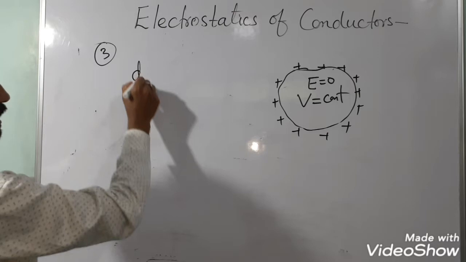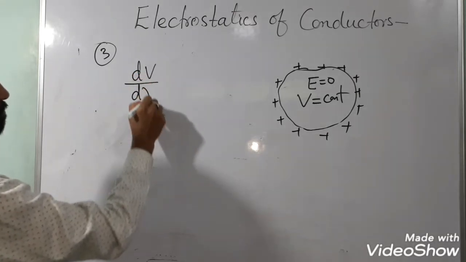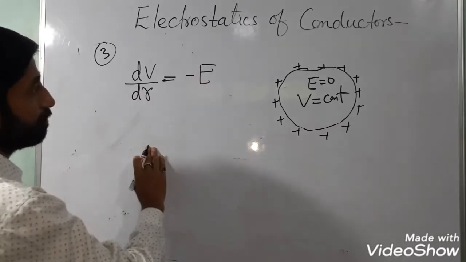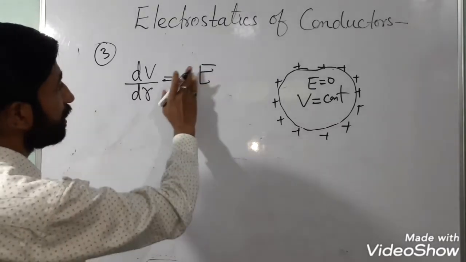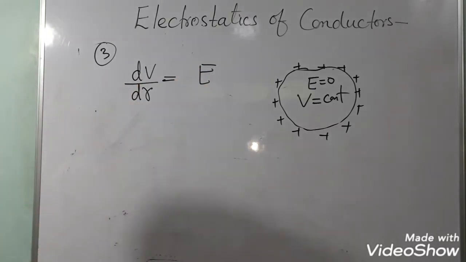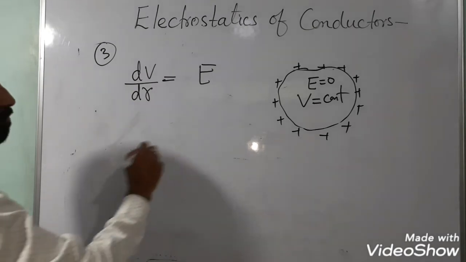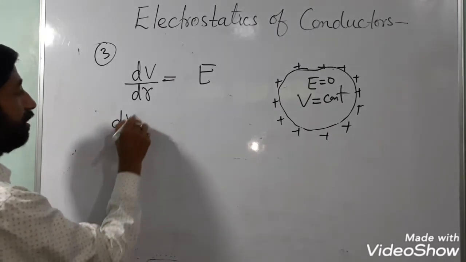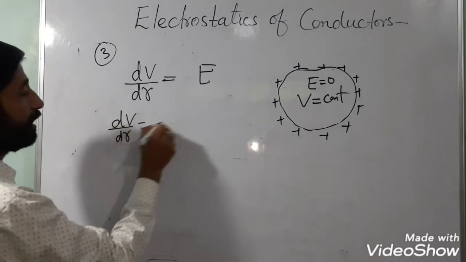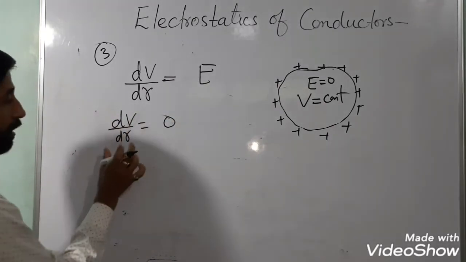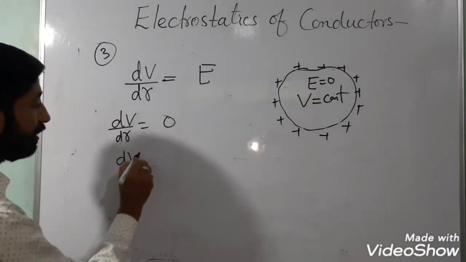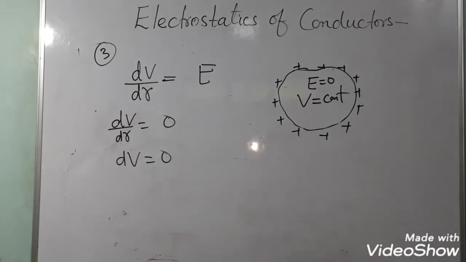We have a relation, that is dV over dr is equal to minus E. If I take the magnitude only, then let the minus be. So if there is no electric field inside the conductor, then dV over dr equals 0. dr cannot be 0, so dV has to be 0.